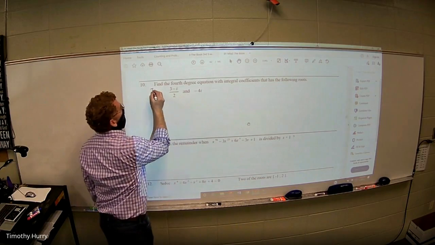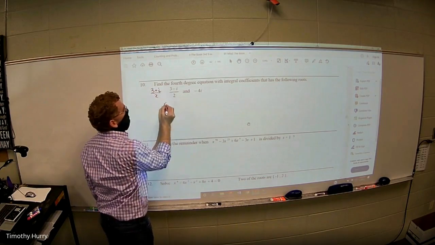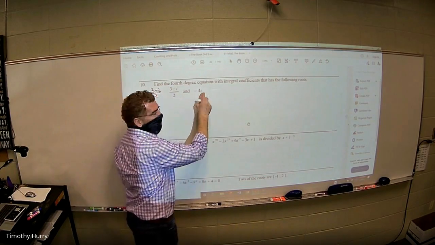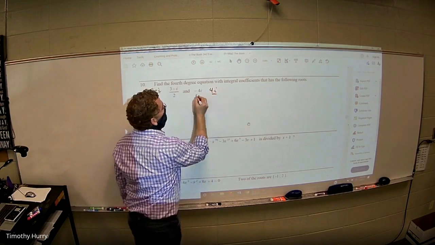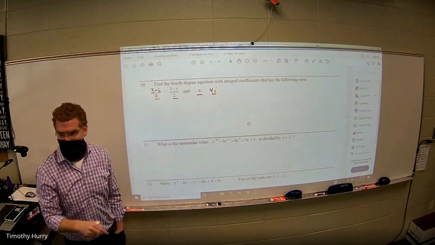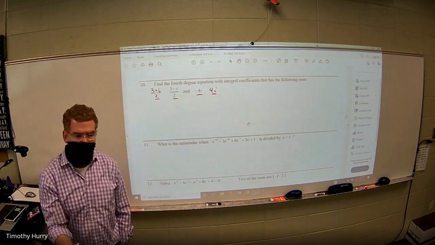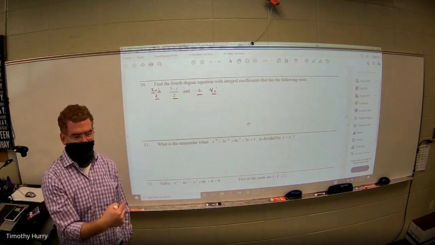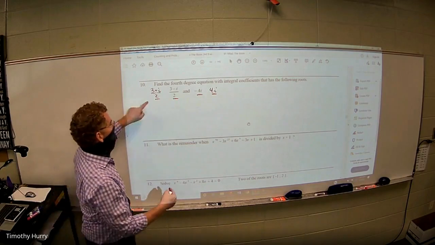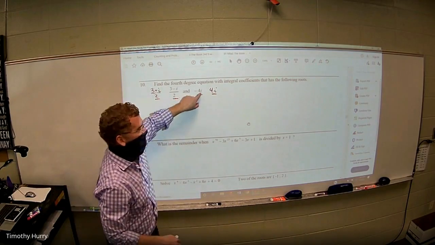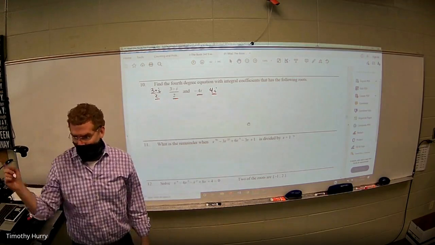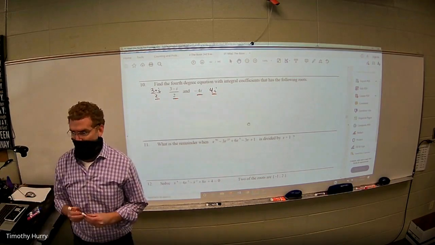So that's a root, as is 3 plus i over 2, as is 4i. Now these are roots, not factors. So to change them into factors, I have 2 options. One, I could go x minus that, x minus that, x minus that, x minus that, and FOIL the ever-living crap out of everything. I can do that.